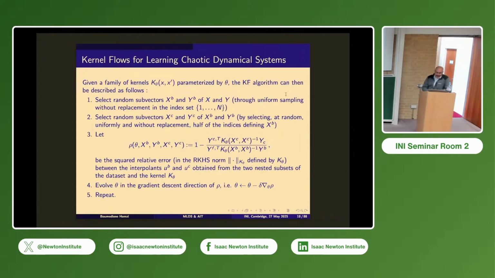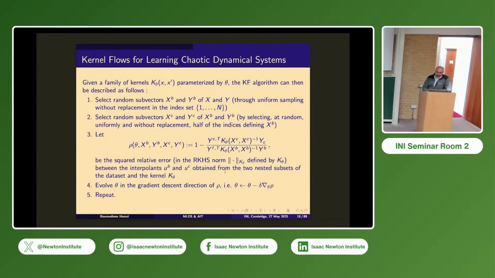So this is how it works. If we have a family of kernels k theta(x, x prime) parameterized by theta, the kernel flows algorithm can be described as follows. We have a large data set. First, we take a sample of size n randomly, and then from it, we take another subsample of size capital N over 2, and then we construct the following relative error, parameterized by theta.